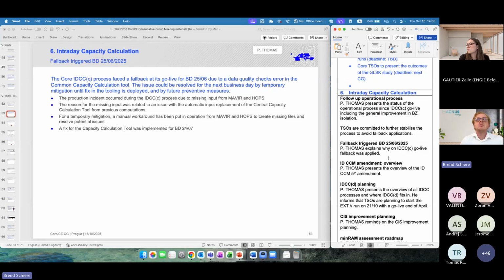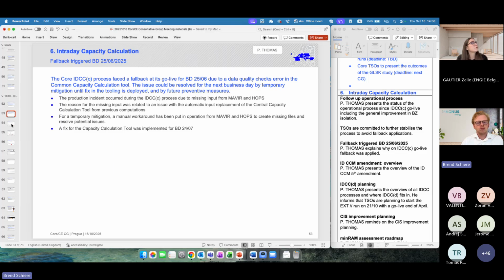Unfortunately, for this day, the replacement also did not work, and the whole process was stuck. As there was not much time left for operators, there was no chance to continue with the normal capacity calculation. There were some workarounds in place, and the solution or improvement for the tool itself was put in operation at the end of July.